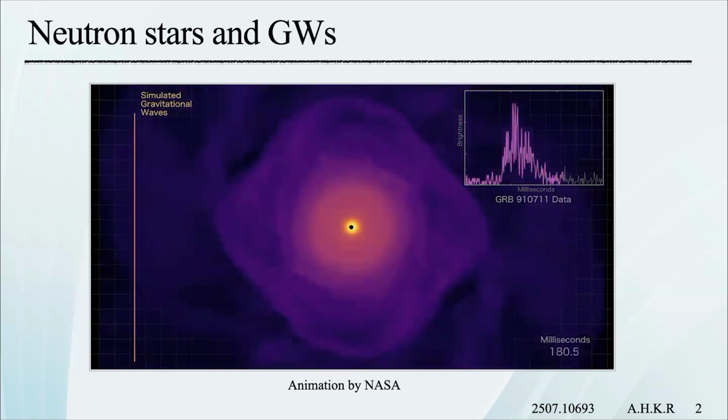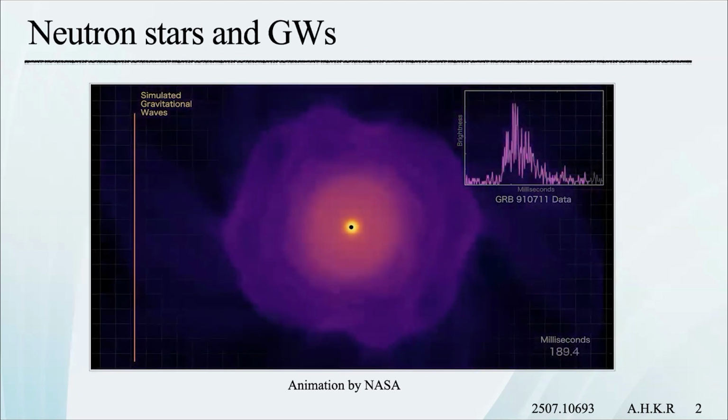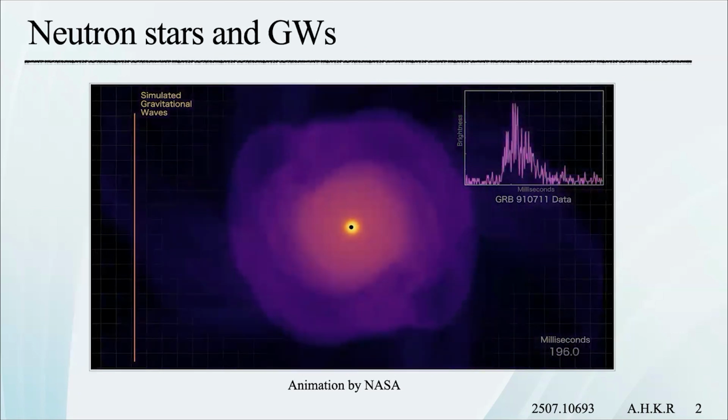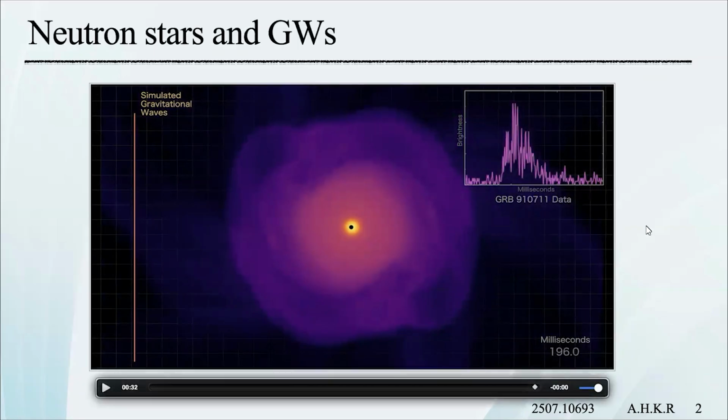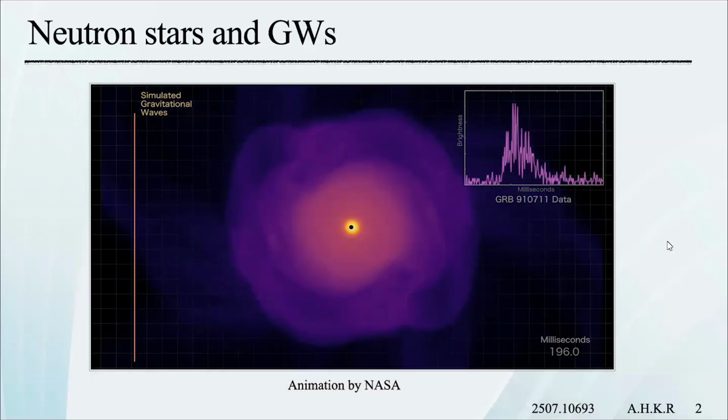As you could see, there was very rich dynamical structure in the event. So let's now understand what the different stages of a binary neutron star event are and then proceed from there.